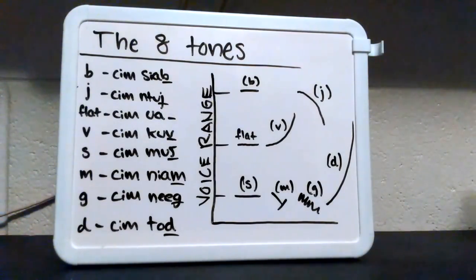If you talk monotonously and then out of nowhere you say ndo, you're starting to see the tones. My best advice to you is establish what your flat tone is and then base everything else off of that. The next tone that we're going to go over is V, which is ji gu, ji gu.